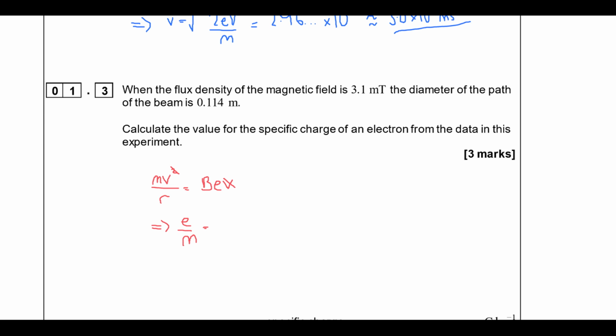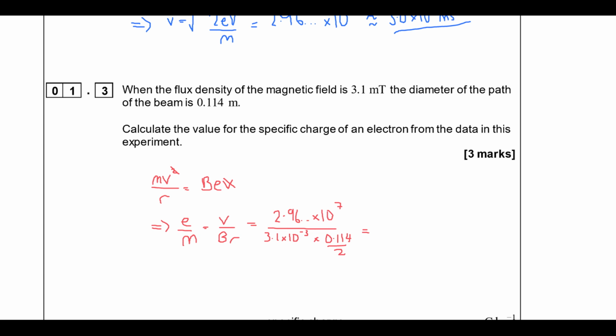So what we're going to do is we're going to take B over to the other side, so it's v over B r. So we've just calculated what the velocity was. It was 2.96 times 10 to the 7. We've got the field strength, 3.1 times 10 to the minus 3. And we've got the diameter, which we need to divide by 2 because we want the radius.